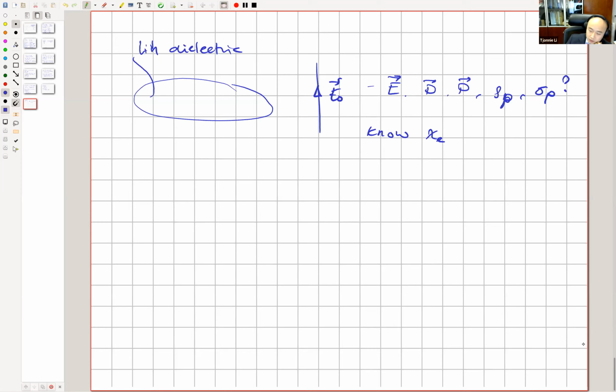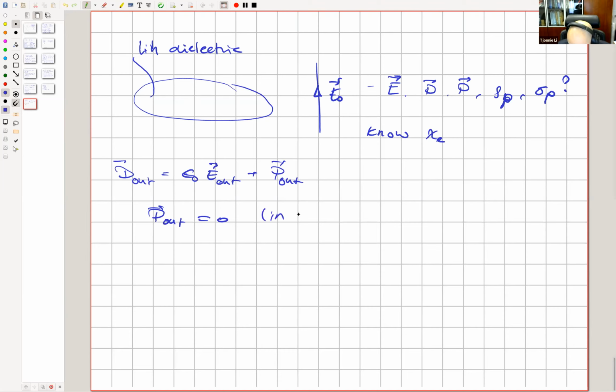D equals epsilon E. Okay, very good. Indeed, because we know that D outside is epsilon naught E outside plus P outside. P outside equals 0, because in this case we're in vacuum.